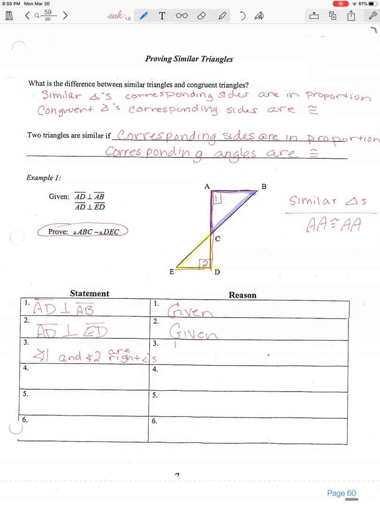And the reason is perpendicular lines form right angles. And then, if you remember, we would say angle 1 is congruent to angle 2 since all right angles are congruent. Okay, so we have one pair of corresponding angles congruent to each other, angle 1 and angle 2.